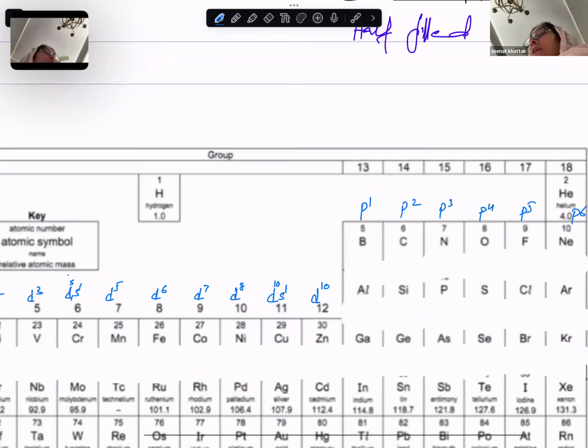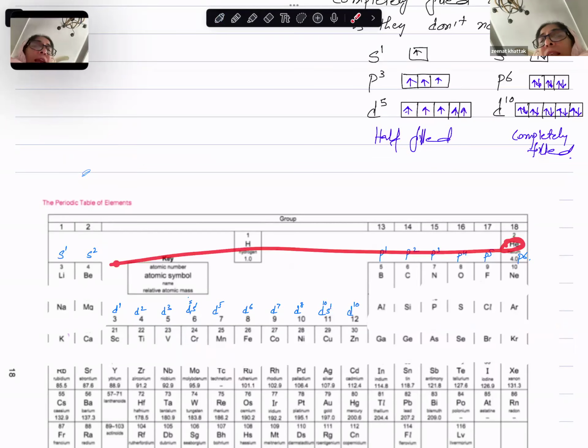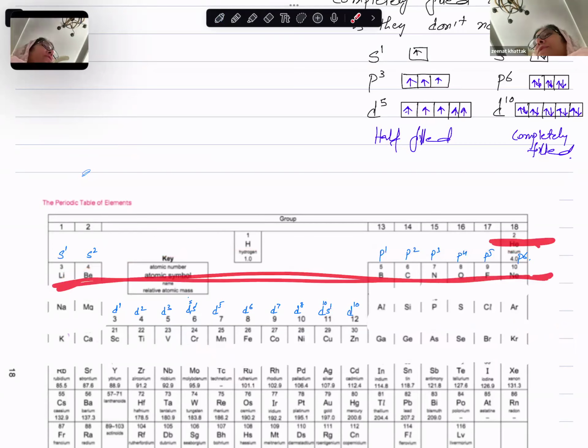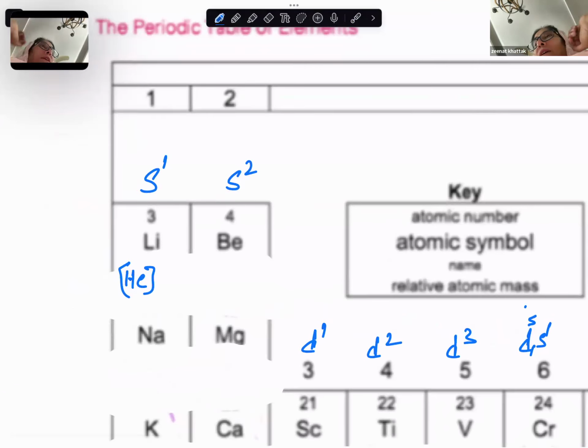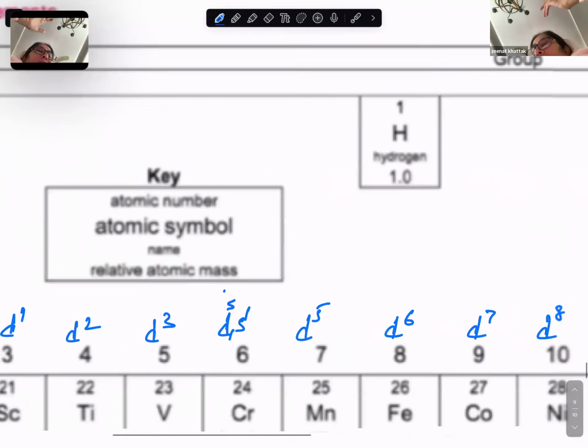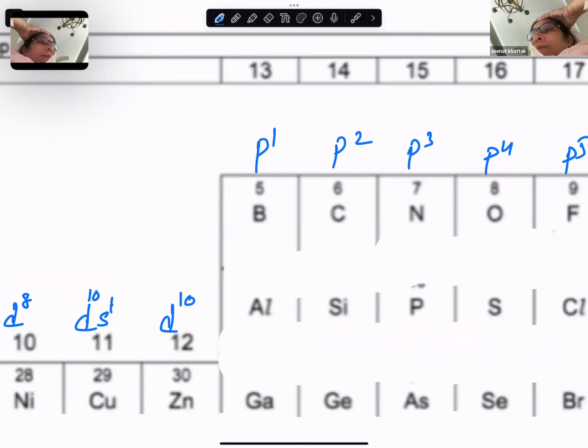Now, in shorthand, what you are supposed to do: helium, this is period 1, this is period 2. So helium 2s1. This is helium 2s2. The helium is bigger than 1s, I guess, for shorthand, but okay.